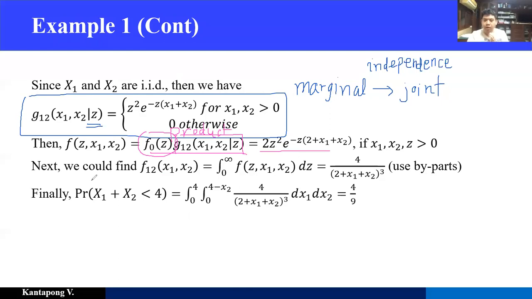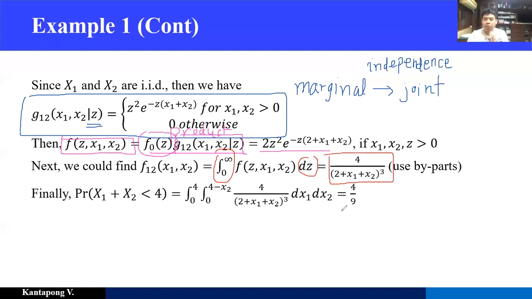Next, we could find F12. That is, we are going to flatten out because we have the joint with how many variables? With 3 variables, but we have to flatten out to have only 2 variables. The only way to get rid of C is integration with respect to dC, and we will get this one.